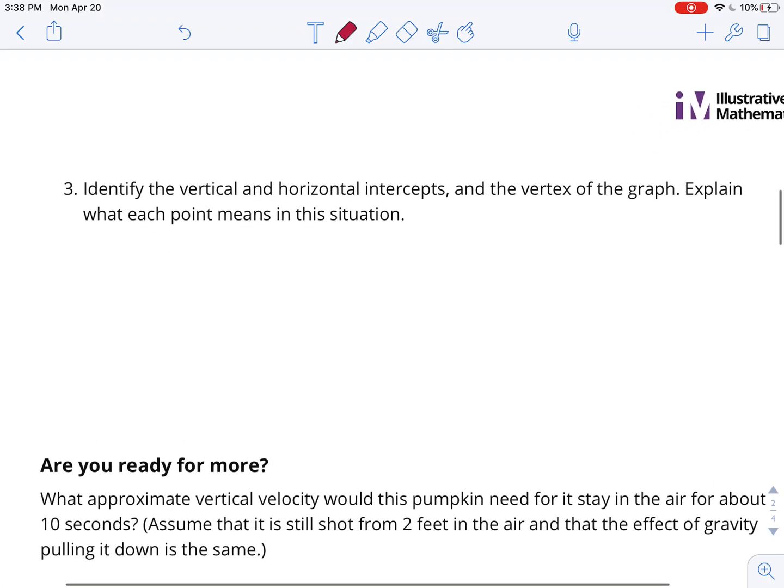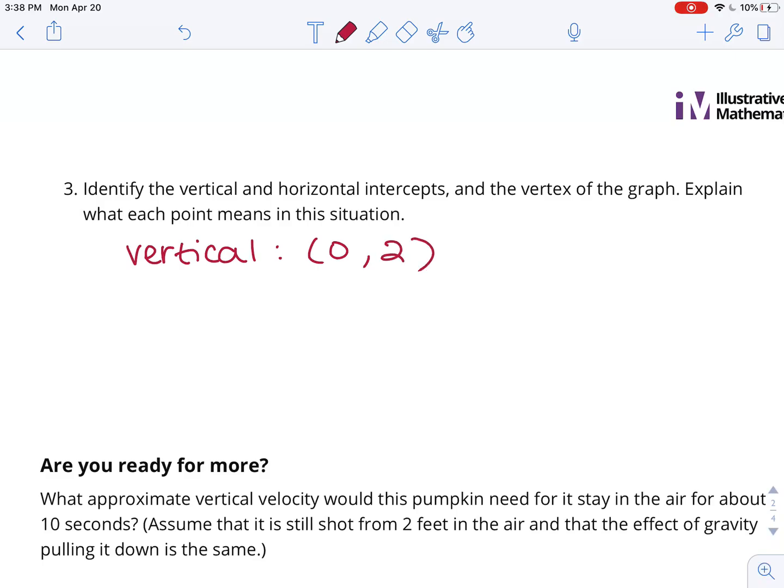Let's jump back over and look at 3. So if we identify the vertical and the horizontal intercepts, we saw that the vertical intercept was 0, 2. The horizontal intercepts, or x-intercepts, were about, where were they?